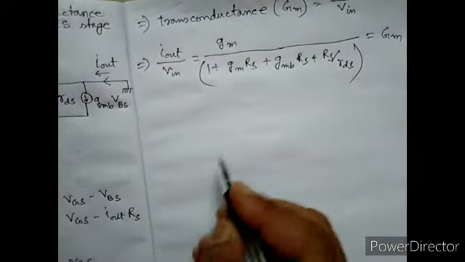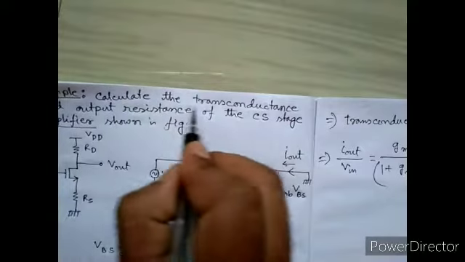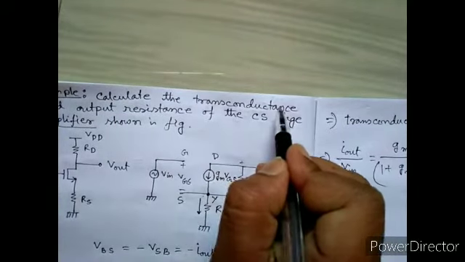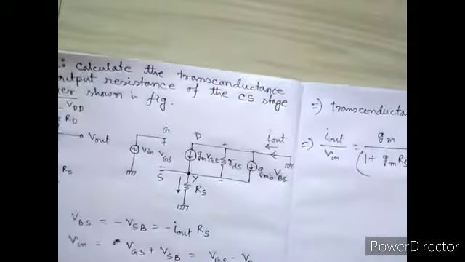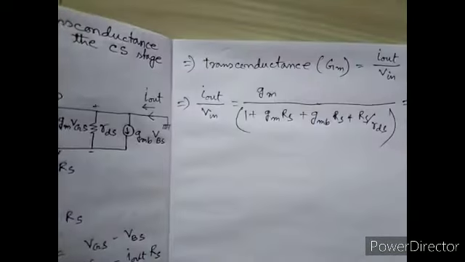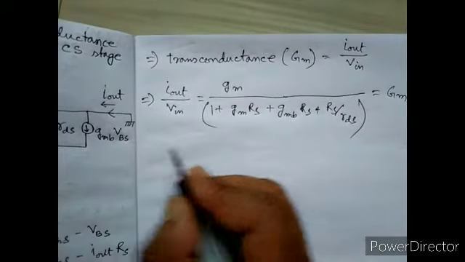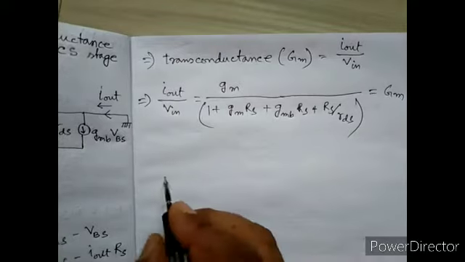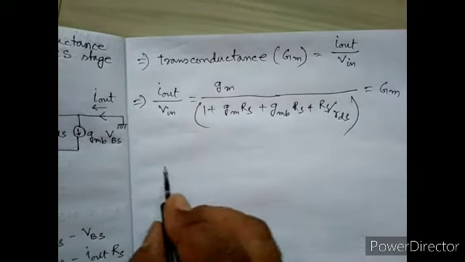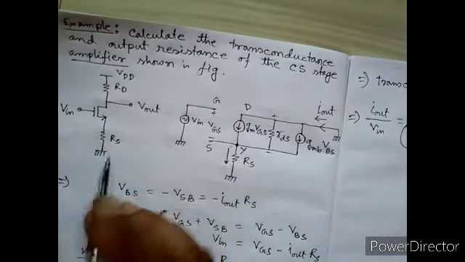Now if I want to find out the output resistance, we have calculated the transconductance, and now we have to find out the output resistance. So if I want to find out output resistance, then what we have to do is simplify this figure.